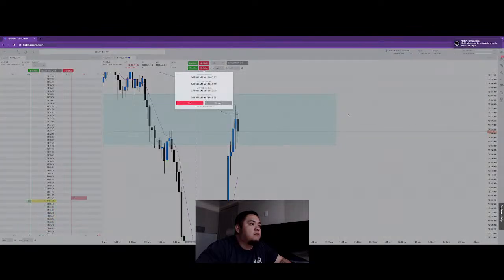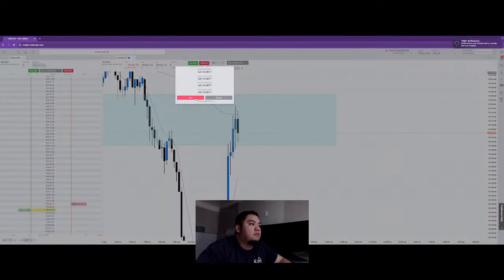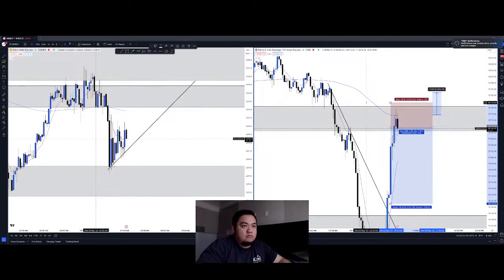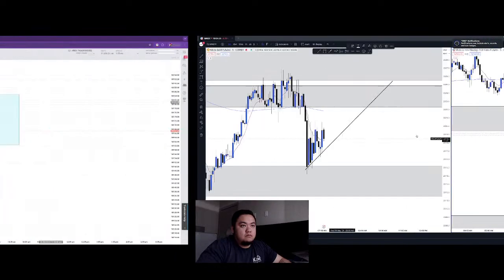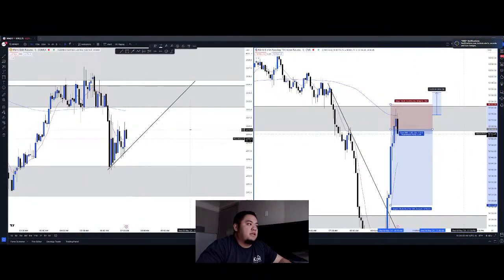Dude, that thing lagged like no other. You press short or long, and it would take forever to put you in. It was just horrible. And then they implemented the rule with having your stop loss a certain distance from your entry point, and that threw me off even more. It was just rough.